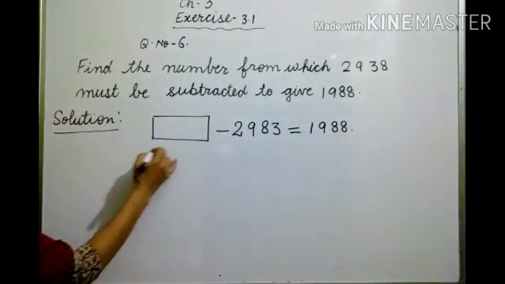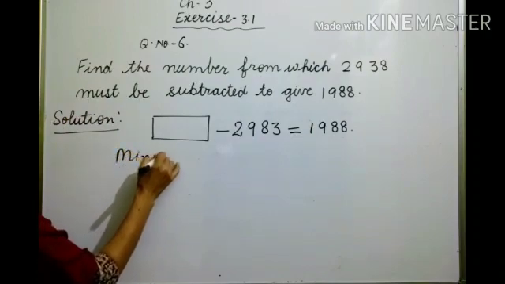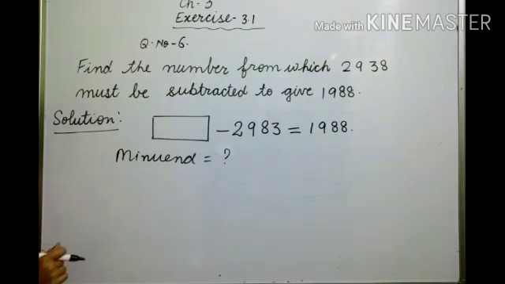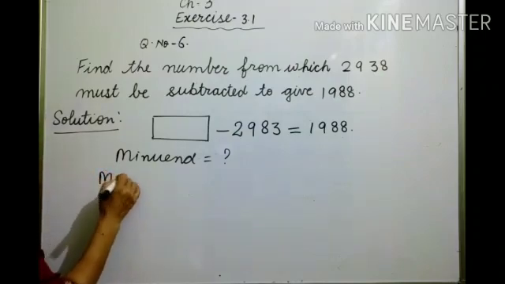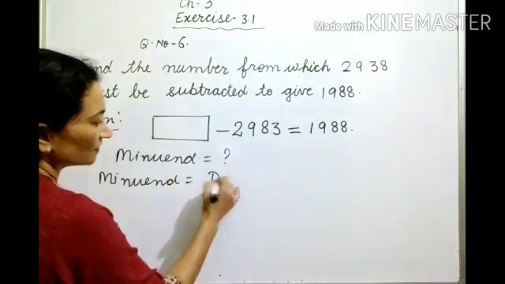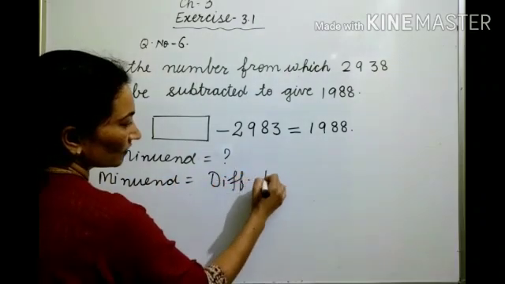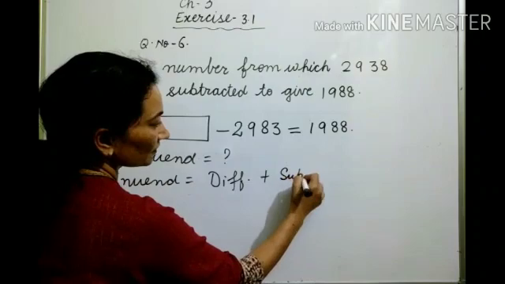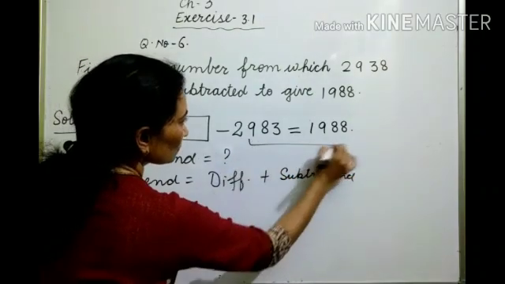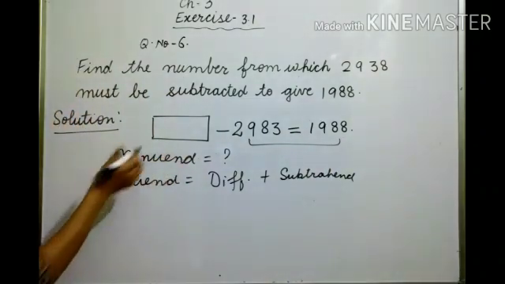So we have to find minuend, and for minuend we have written formula difference plus subtrahend. We will add these two numbers to find minuend.